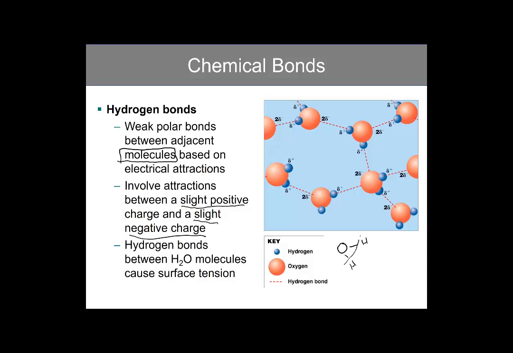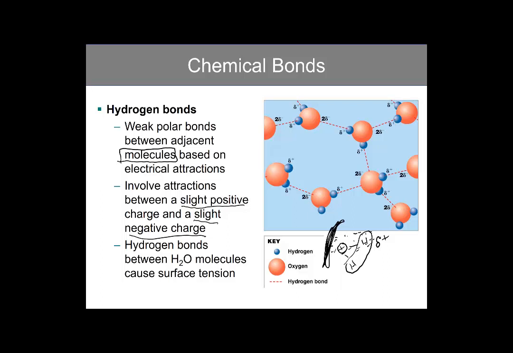This end of the water molecule is slightly positive. The main reason, as the electrons orbit between these two atoms, the oxygen and the hydrogen, they tend to hang out at this end of the molecule due to the strong positive charge within the nucleus of the oxygen.